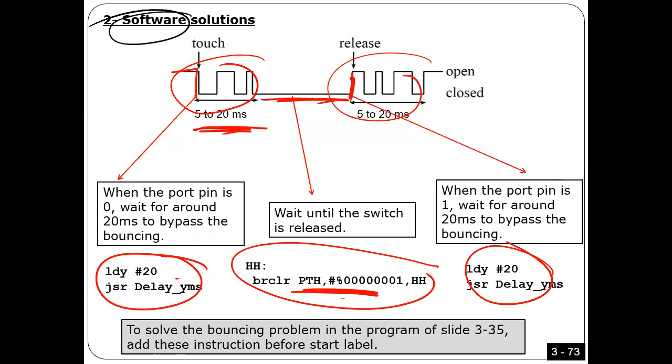If I don't wait, my program is going to run and take another 0, another 0. So I'm going to wait 20 milliseconds, and then wait until you release, until this one is out, as long as it is 0. And then I'm going to wait another 20 milliseconds. This is called the software solution. Every time you use the switches, you can use this code.